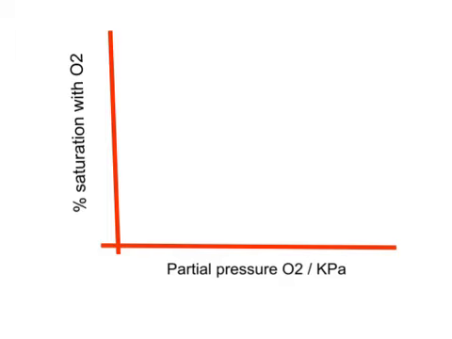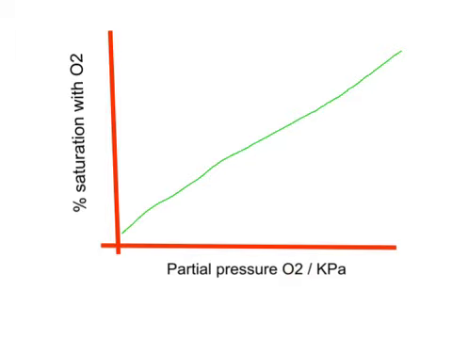So if I was to draw a graph of partial pressure of oxygen compared with saturation of oxygen, but I was looking at something simple like water or a fluid, you'd find that it would be a direct straight line, because the more oxygen that's present, the more dissolves.